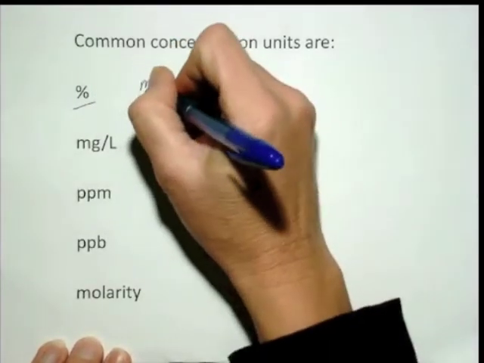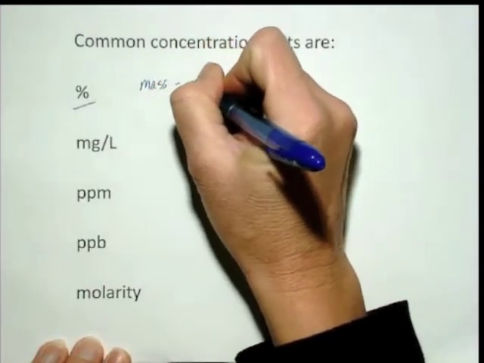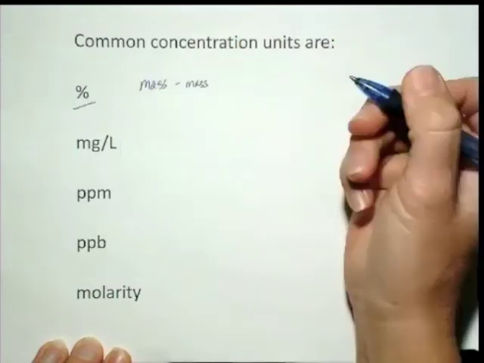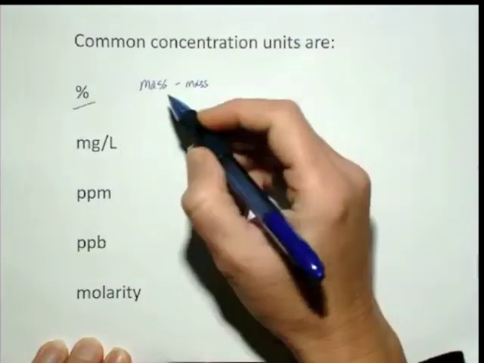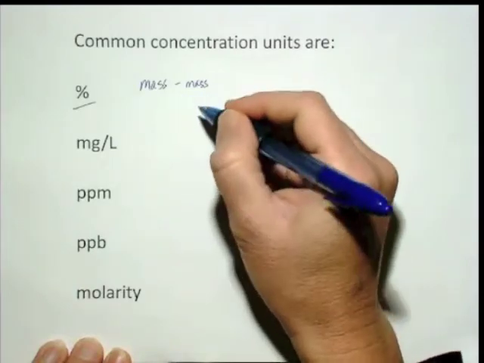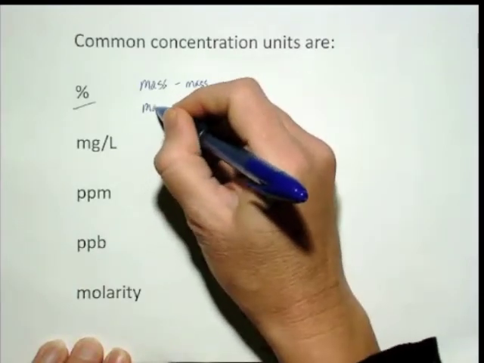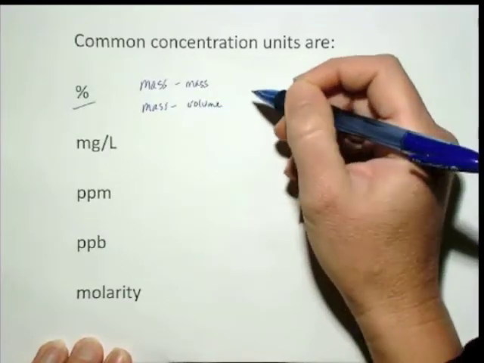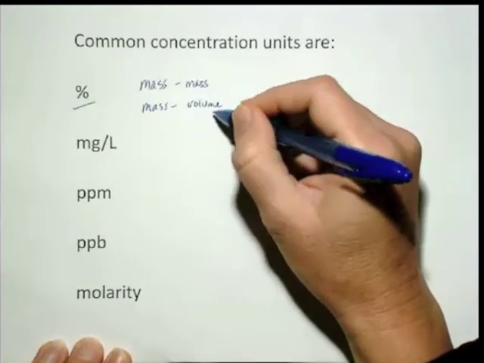Percent is sometimes mass to mass percent, parts of mass of the component per 100 grams. So that's mass percent. And sometimes it's mass volume percent. It just depends on the application. So mass or mass volume.